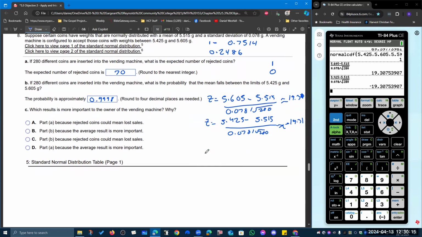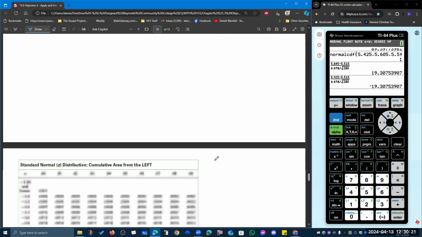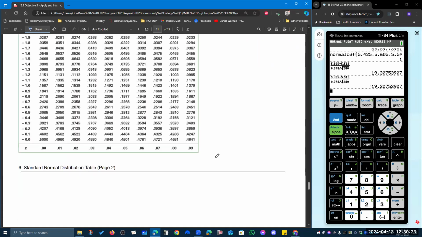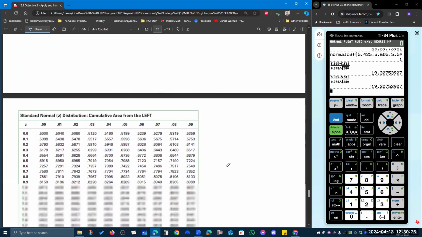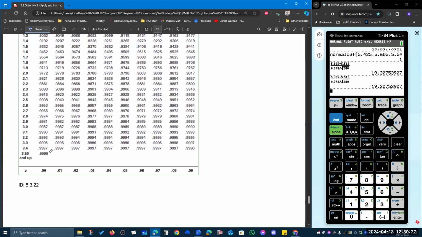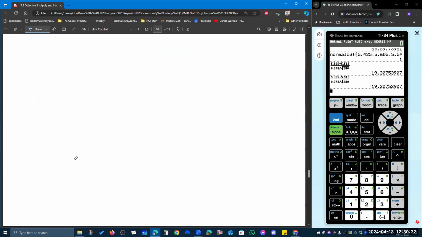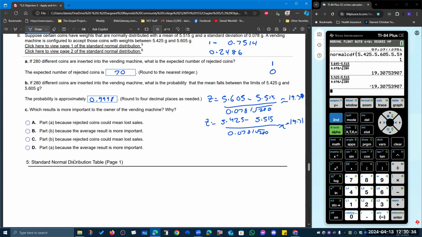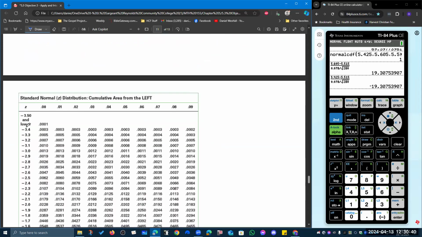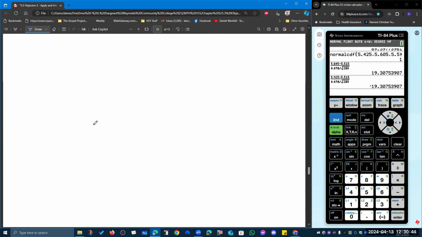So if I say bigger than 3.5, they want us to use 0.9999. They want us to subtract off smaller than negative 3.5, which is 0.0001.